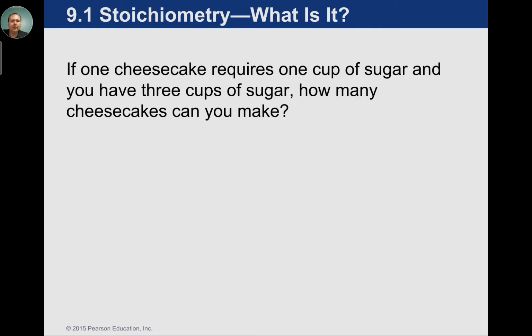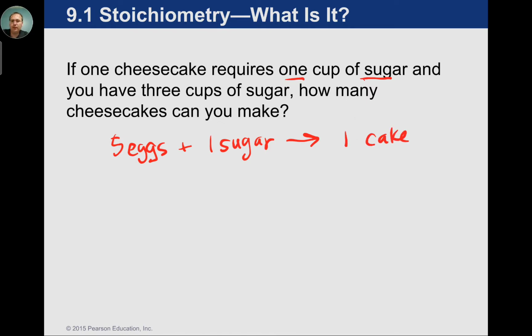So let's expand on our recipe a little bit more. So we already know that there's 5 eggs. Next, it says that we have 1 cup of sugar. So 5 eggs plus 1 sugar. Now it really looks like a combination reaction because that still makes 1 cheesecake.